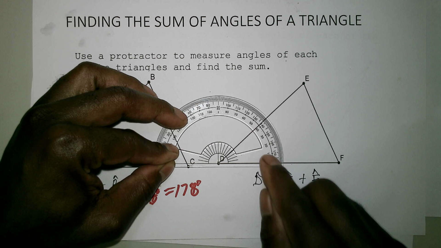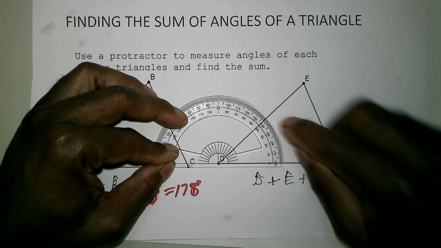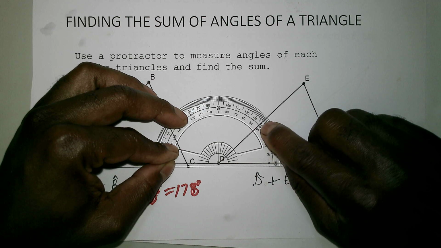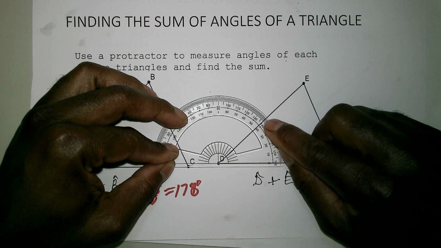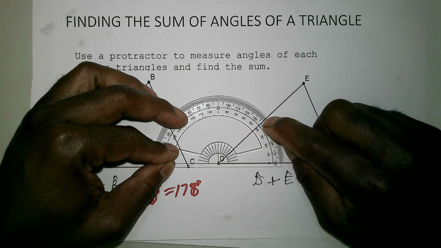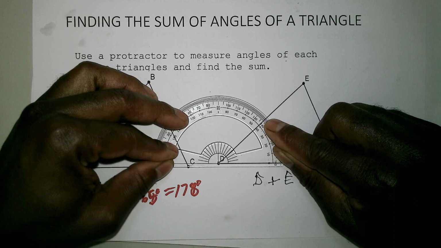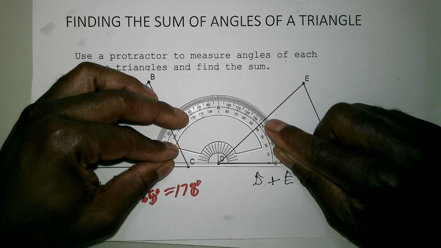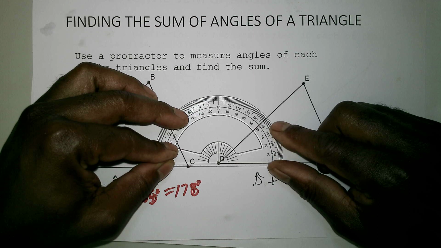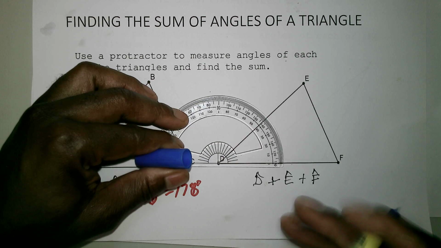Now beyond 40 we've got 1, 2, I think it's 1. It's almost 43. It looks like 43. Yes, it looks like 43.